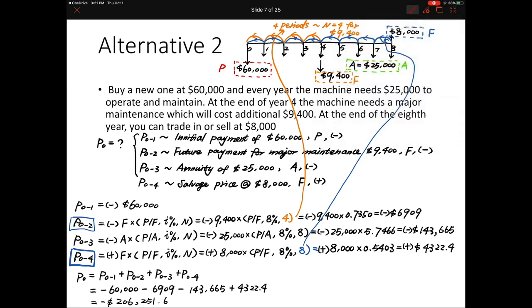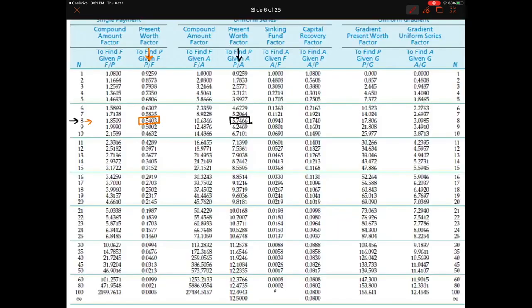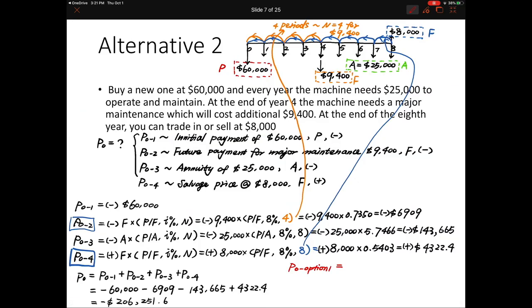Now let's take a look at these two options. P0 for option 1 is this, let's copy it here: negative 214,602.44. P0 for option 2 is negative 206,251.6.